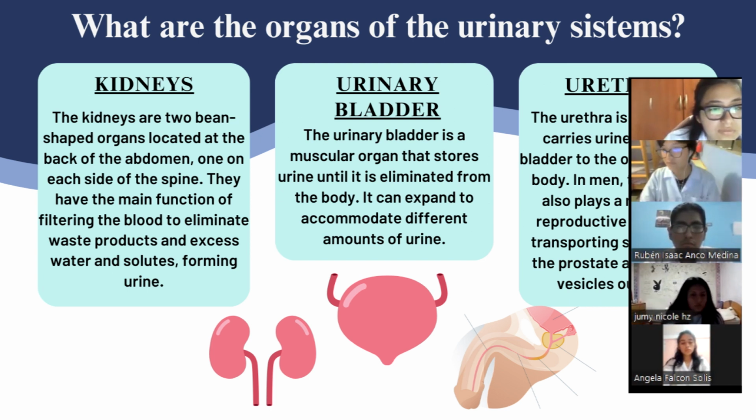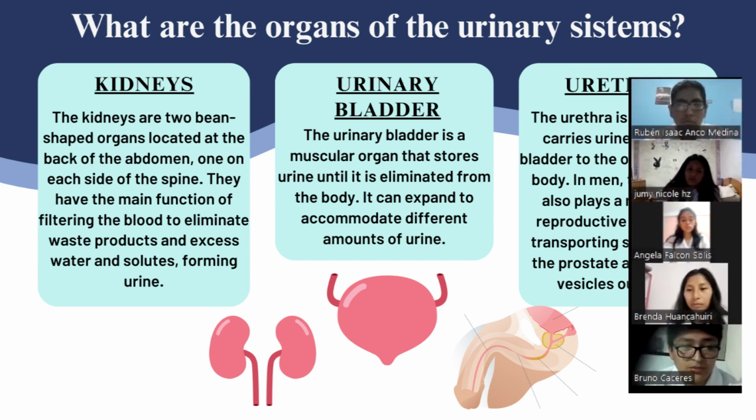Two, urinary bladder. The urinary bladder is a muscular organ that stores urine until it is eliminated from the body. It can expand to accommodate different amounts of urine. And finally, the urethra.